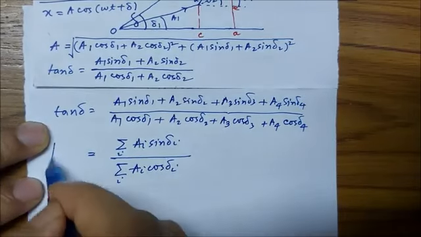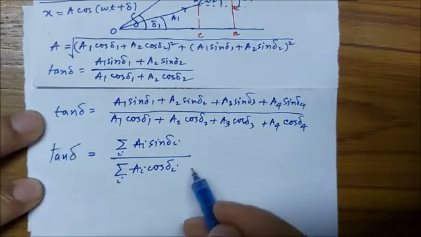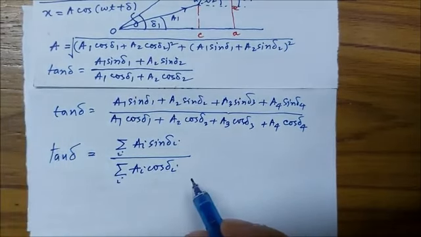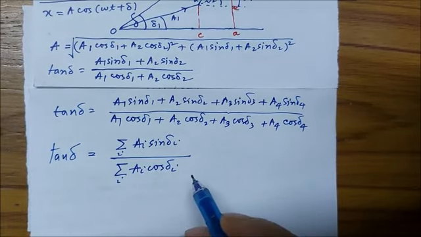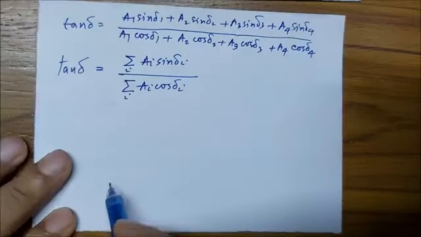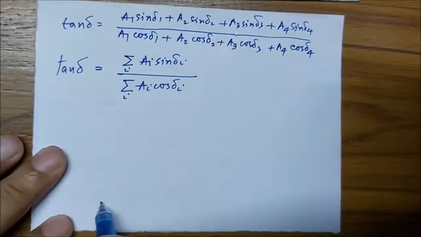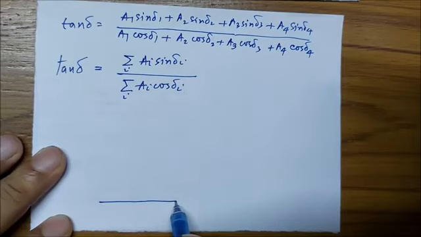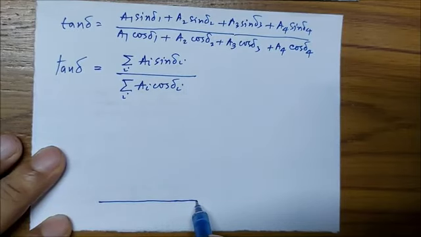and similarly we can write the phase part delta as follows. So this is tan of delta, and now let us represent the SHMs in phasor diagram. So this is omega t line or omega t plus 0 line.